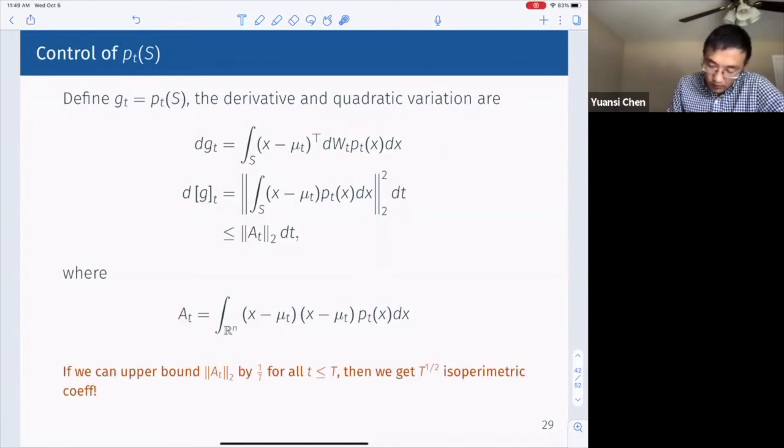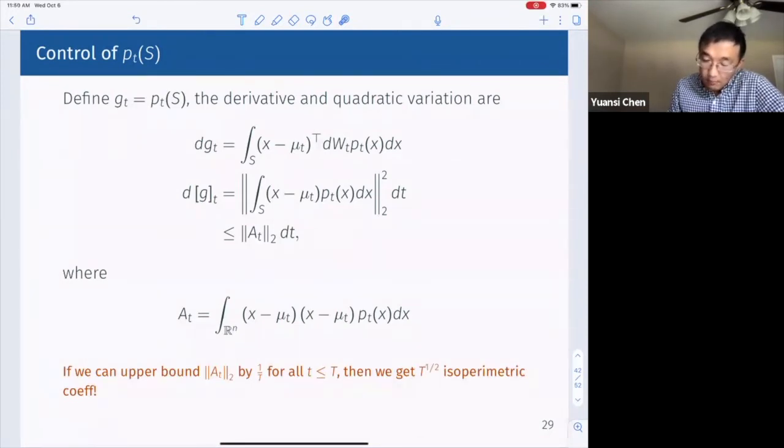Okay, let's look at if we can upper bound the spectral norm of A_t at time t by 1/t for some t. Then this integral is controlled, so G_t remains constant.